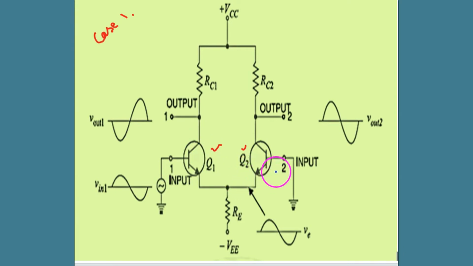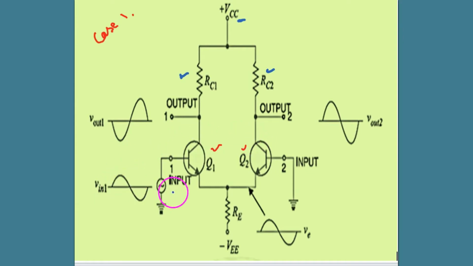Emitter of Q2, base of Q2, collector of Q2. The collectors of Q1 and Q2 are attached with RC1 resistor and RC2 resistor. VCC supply is given to both the transistors Q1 and Q2.